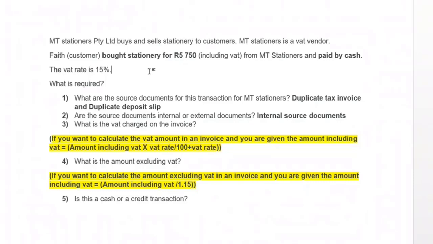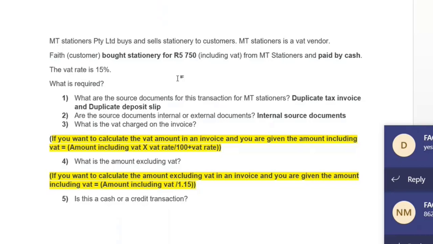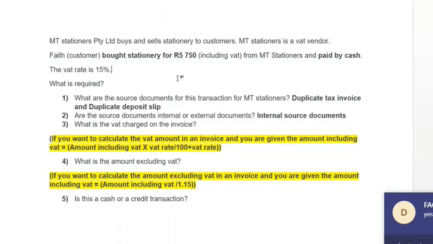So, guys, when you are a VAT vendor, Neo is saying the VAT amount on 5,750 is 862.50. That is Neo. And then Desiree says yes, VAT is 750. So guys, we've got two amounts.